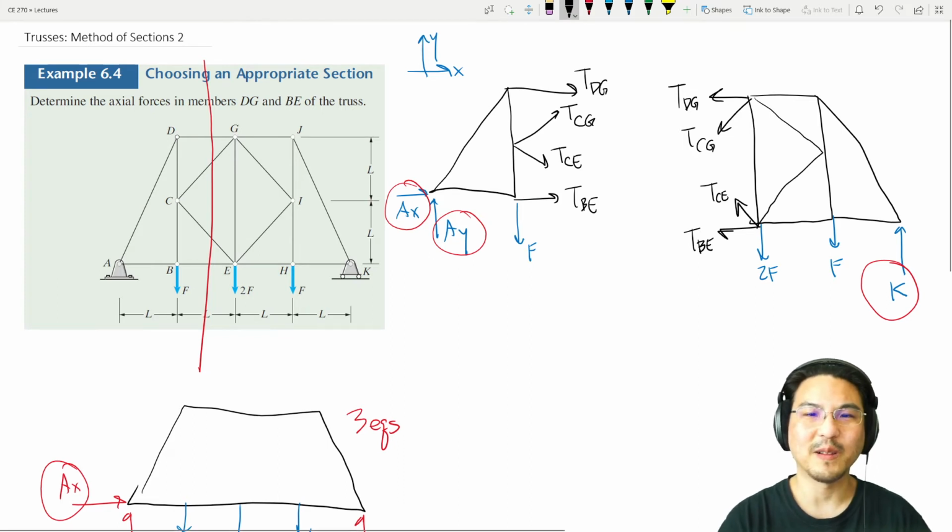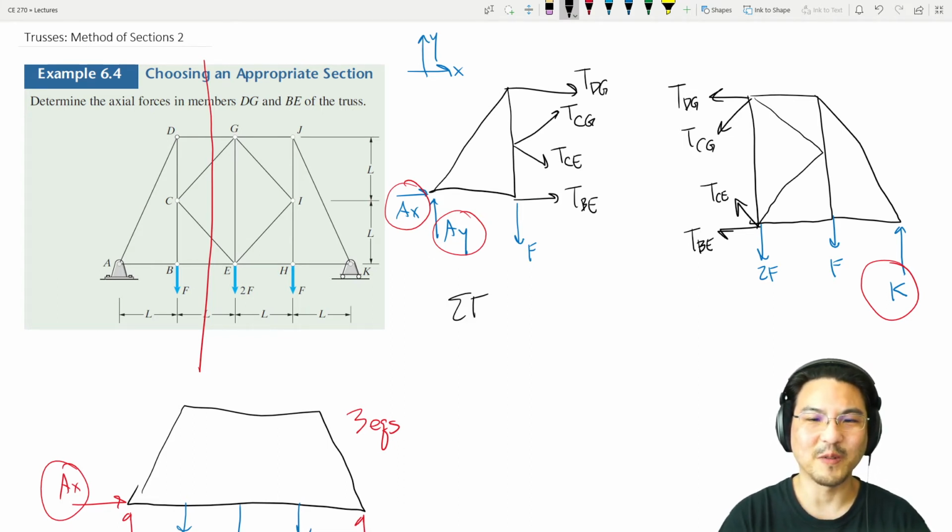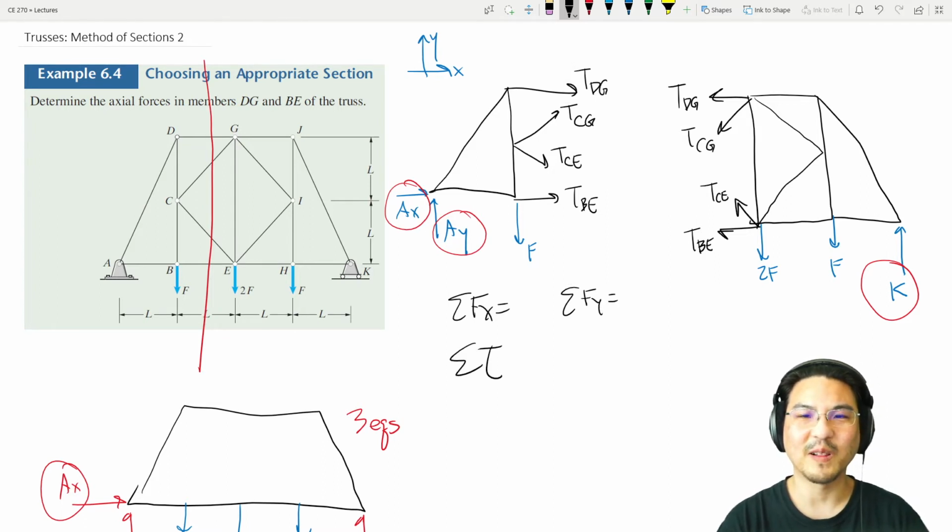But then if we're clever about it, like if we sum forces in X, right, then that's 1 equation. Sum forces in Y. If we sum torque about somewhere clever, maybe things cancel. So there is no clever choice where things cancel. If we sum torque about point D, then there's going to be no torque due to this force, but there will be torque from this, this, this, this, and this.